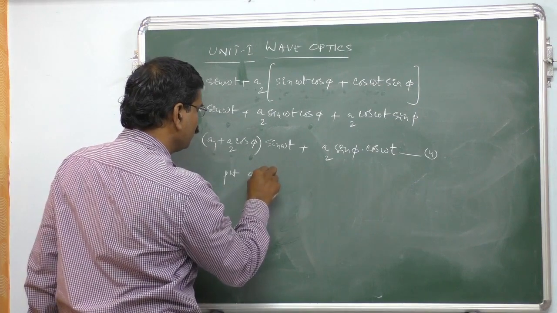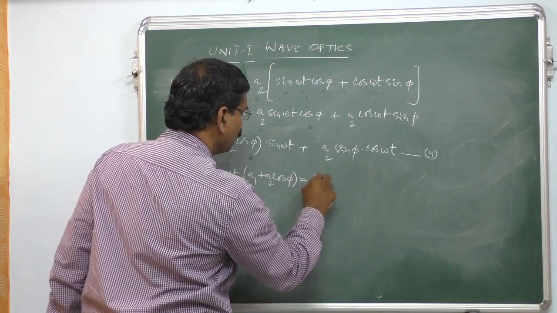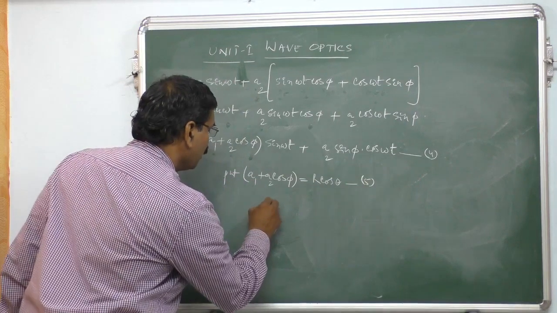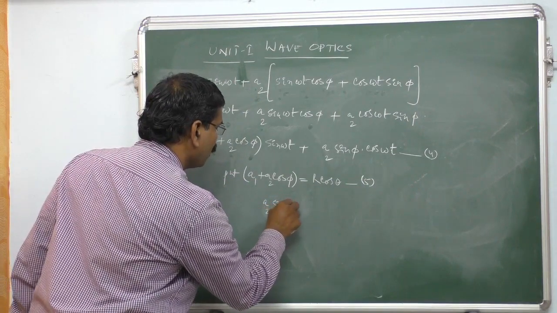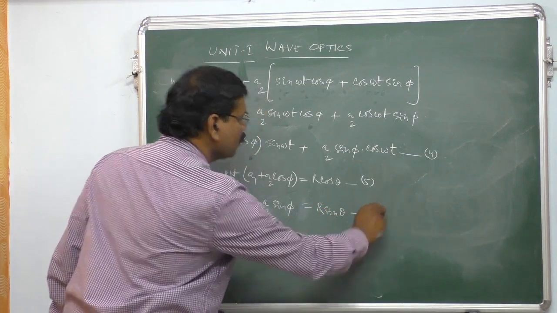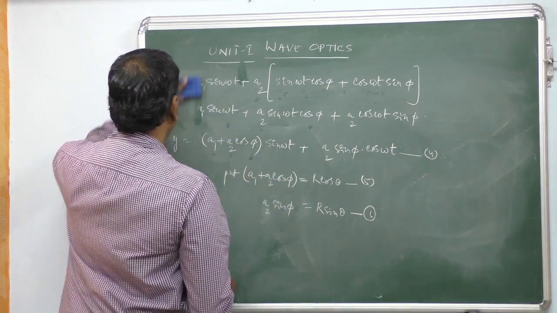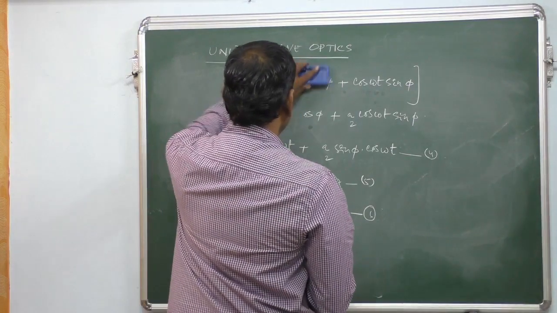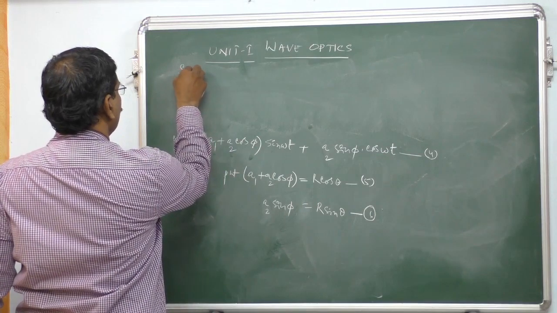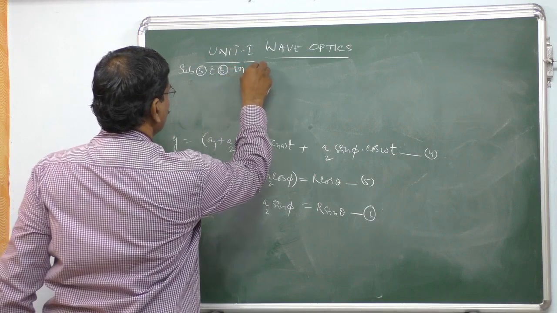Put a1 plus a2 cos phi is equal to R cos theta. దీని ఈక్వేషన్ 5 అనుకోని. అలాగే a2 sin phi ని R sin theta గా పరిగణిస్తే దాని ఈక్వేషన్ 6 అనుకుంటాం. ఇప్పుడు 5 వారుని తీసుకొచ్చి 4లో సబ్స్టిట్యూట్ చేస్తే, substitute 5 and 6 in equation 4.